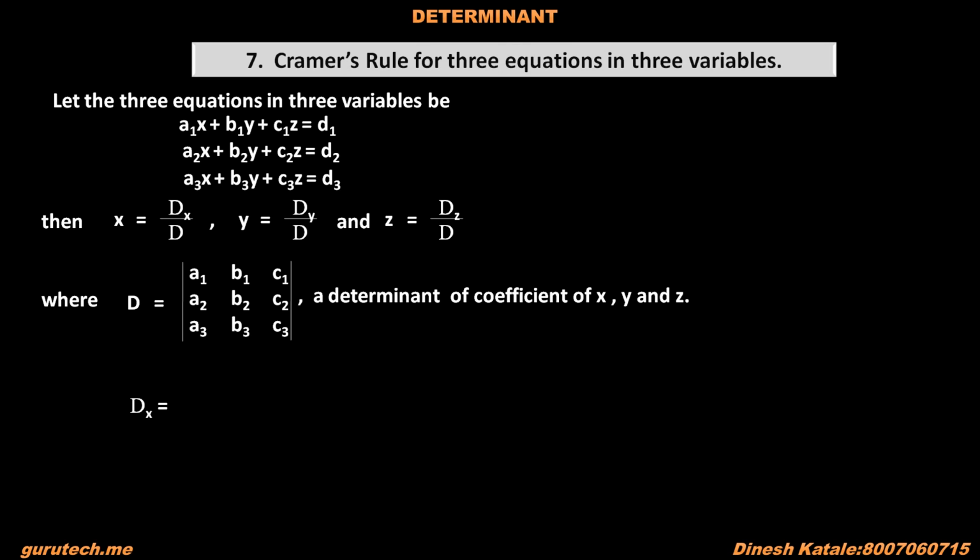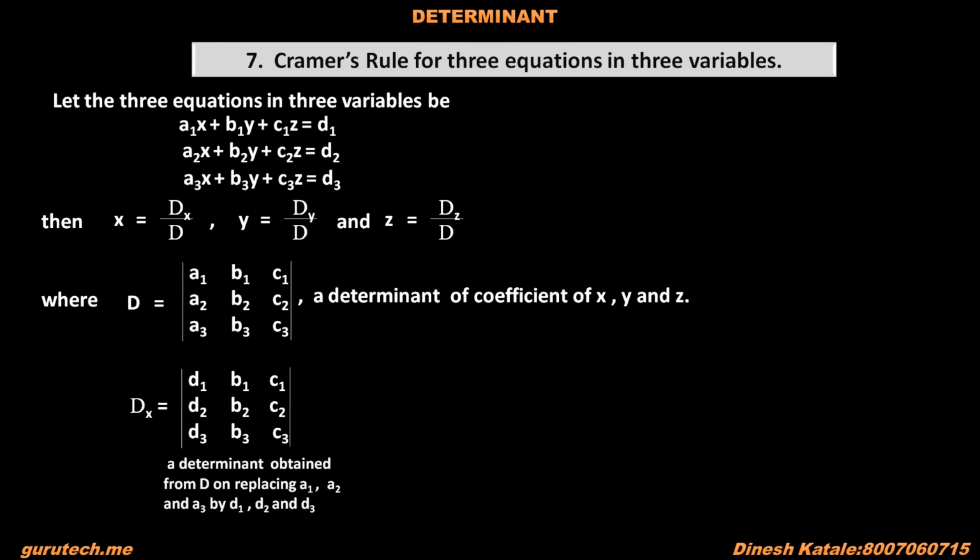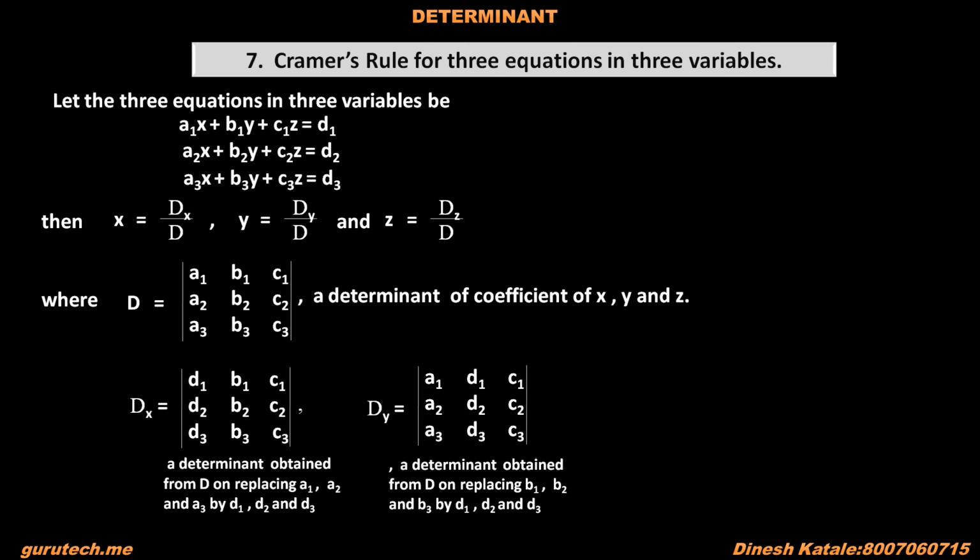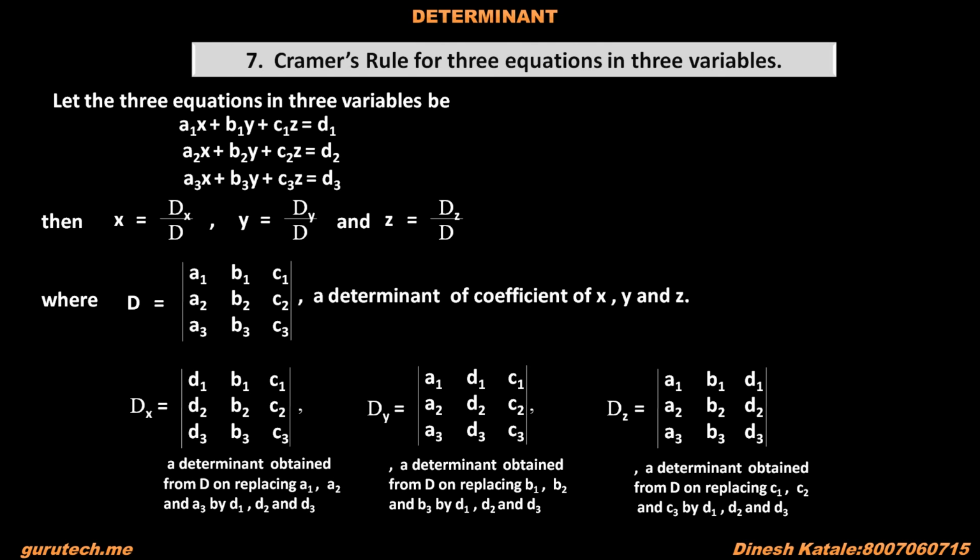Determinant dx is equal to determinant obtained from the above determinant d on replacing first column a1, a2, a3 by d1, d2, d3, constant terms of the above three equations. dy is equal to determinant obtained from the same above determinant d on replacing second column b1, b2, b3 by constant terms d1, d2, d3, remaining columns as it is. dz is equal to determinant obtained by the same above determinant d on replacing third column c1, c2, c3 by the constants d1, d2, d3.